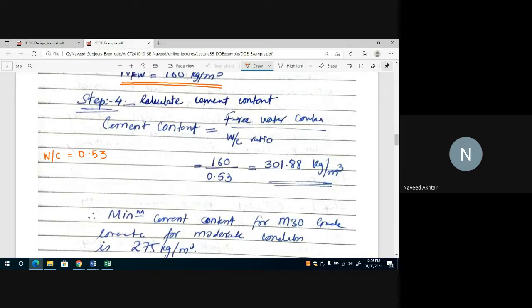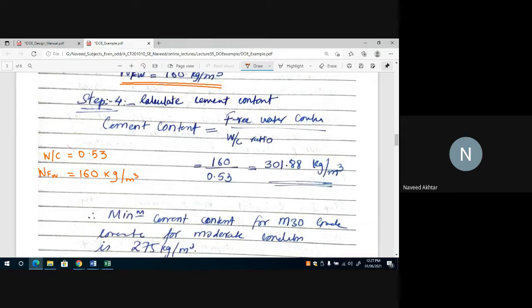And the free water content we also took from table number 3, that is 160 kg per meter cube. Now based on these two values, the water to cement ratio is nothing but water upon cement.